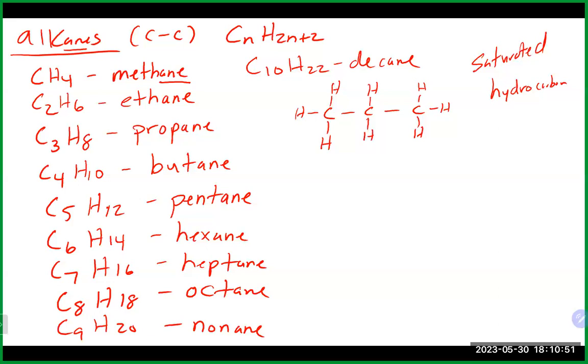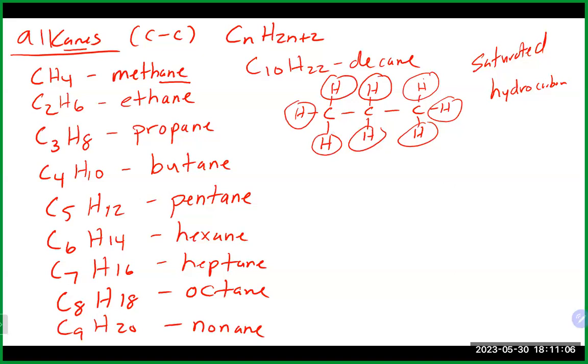What the word saturation means in this case is that each of those carbons has the maximum number of hydrogens it could have. Because everybody is single bonded, we have the maximum number of hydrogens possible, and it is referred to as a saturated hydrocarbon.